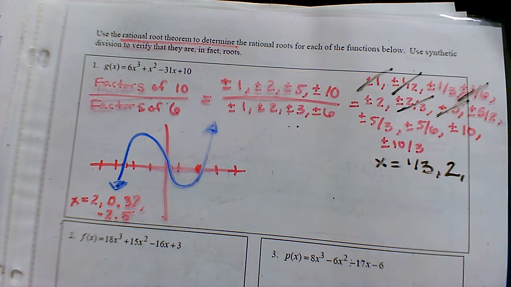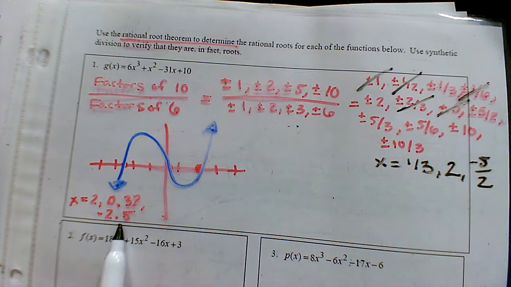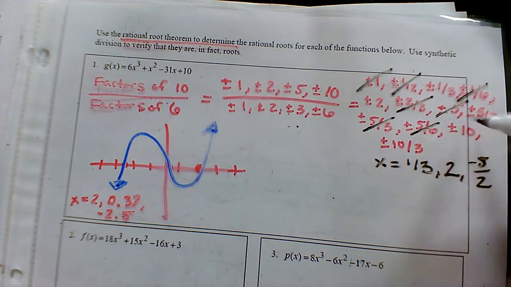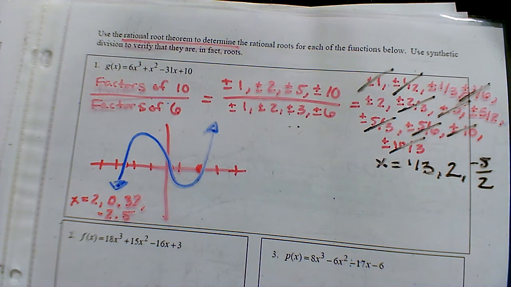Yeah, that's 2.5, and we listed something pretty close to that. It happens to be negative, so we would need a negative 5/2. And it looks like those are the three options that we had based off the graph. So all the other ones, even though they were possibilities, are not actual ones.